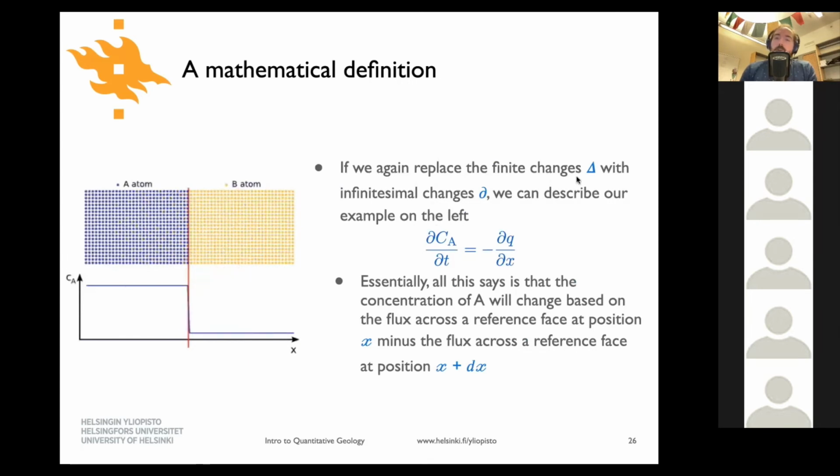Now, if we take our finite differences, the big deltas, and replace them with the infinitesimally small difference with the partial differential operator here, we can take the same equation that we had before.